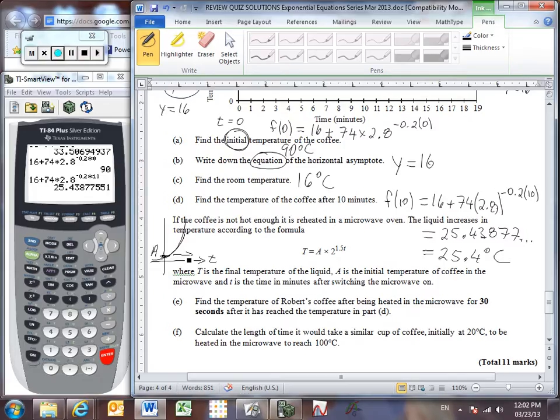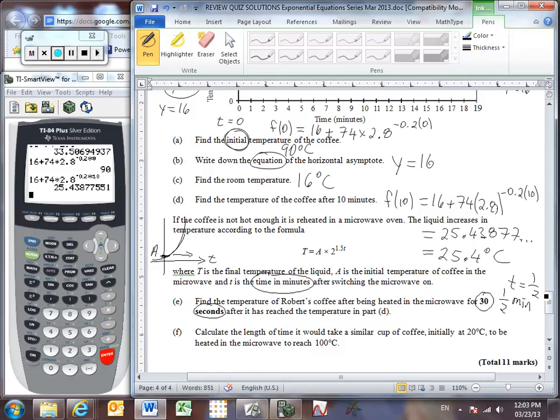Part E, find the temperature of Robert's coffee after being heated in the microwave for 30 seconds. Now let's remember that time is in minutes, so 30 seconds implies only 1/2 a minute. That means that t will equal 1/2 in this question.